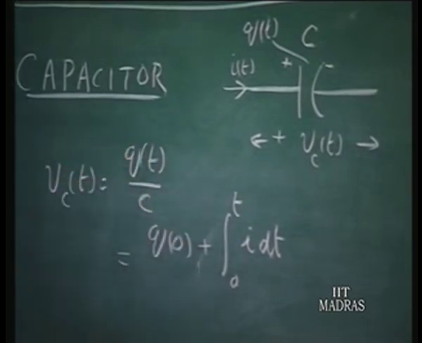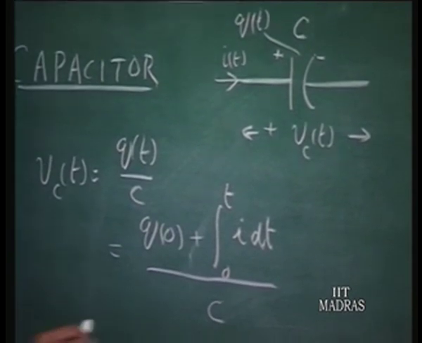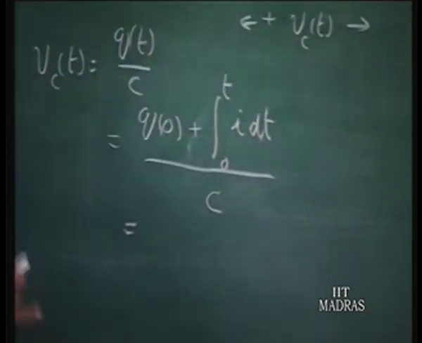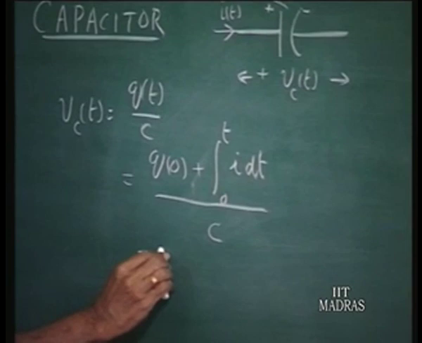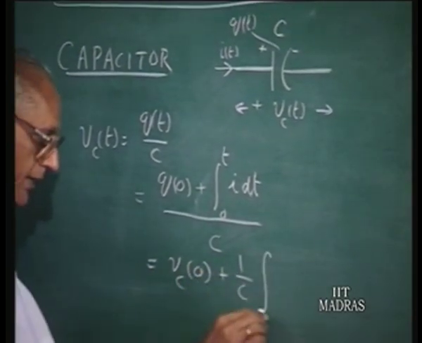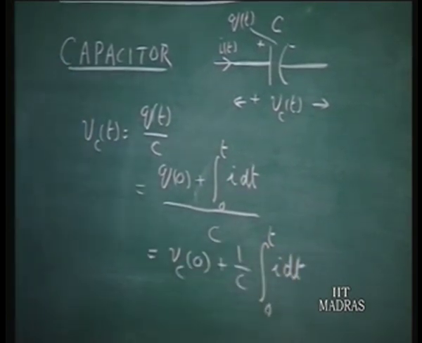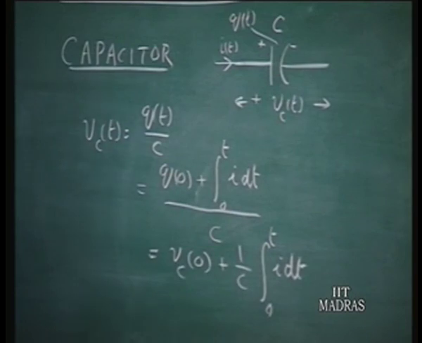This is the total charge Q of t divided by C. Now this can be further broken as Q0 over C, which is the initial voltage across the capacitor, because that is the initial charge divided by the capacitor parameter C. Therefore, I can write this as Vc0 plus 1 over C integral 0 to t I dt. So in time domain, we have the capacitor voltage Vc of t as Vc0 plus 1 over C integral 0 to t I dt. This is the fundamental equation.